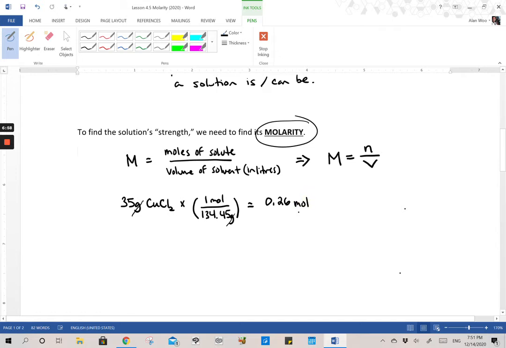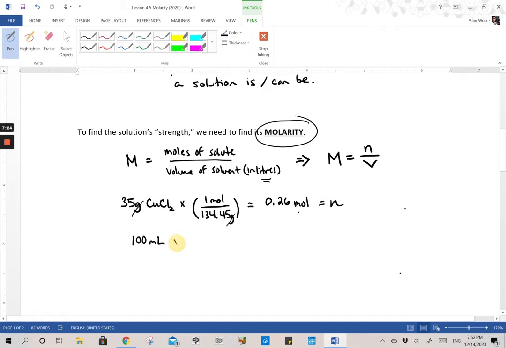Now let's keep this in mind. If this is moles, this is our n value. We need volume. And volume was basically 100 milliliters of water. But again, for molarity, everything has to be in liters.